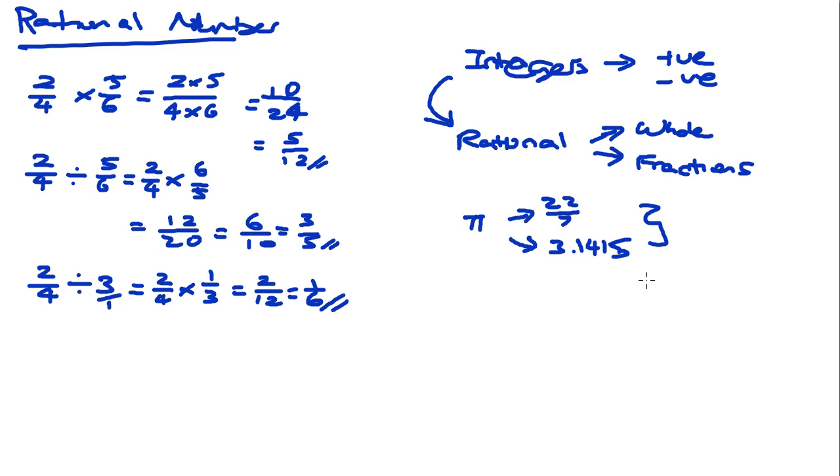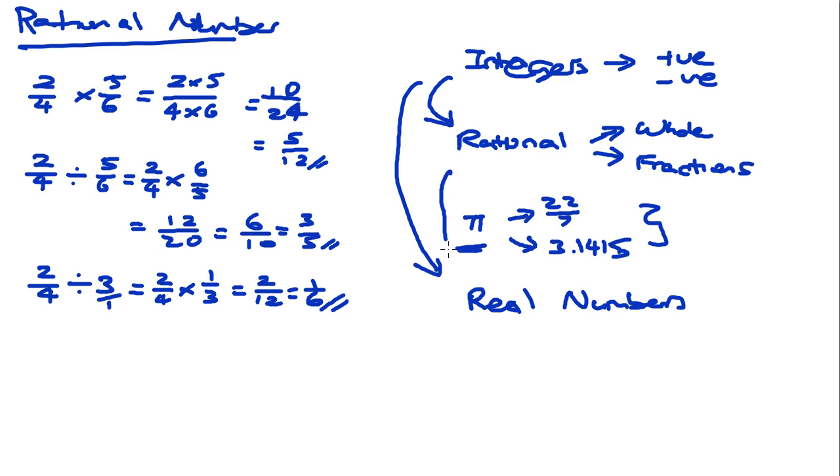It has infinite decimal places, and it is non-repeating. So where do we group numbers like this? We call them real numbers. Real numbers include everything from integers to rational numbers, and even numbers like pi, where the decimals are infinite and non-repeating.